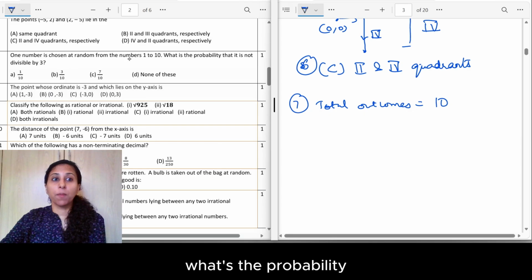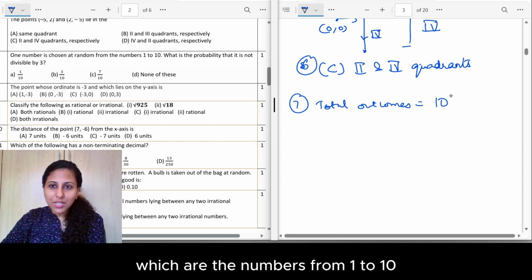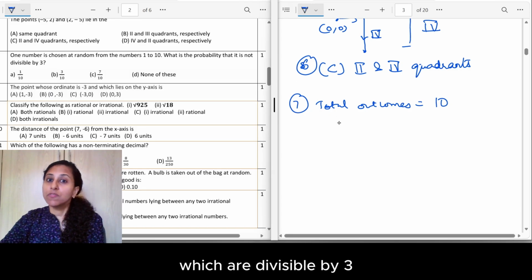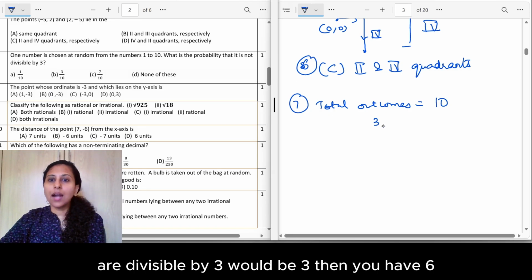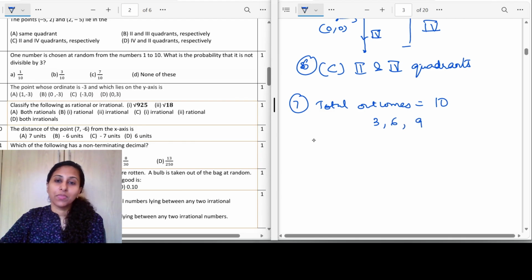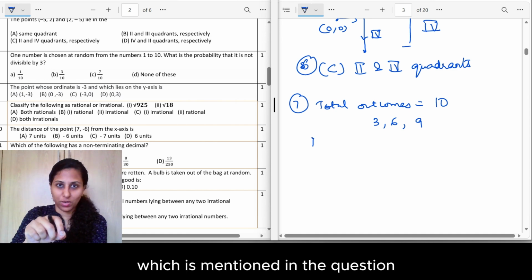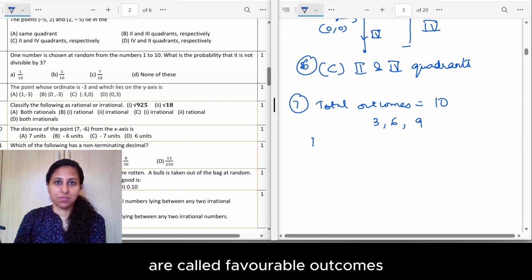Okay, what's the probability that the number is not divisible by 3? Which are the numbers from 1 to 10 which are divisible by 3? Divisible by 3 would be 3, then you have 6, 9. How many numbers are not divisible by 3? Those which satisfy the condition which is mentioned in the question are called favorable outcomes.